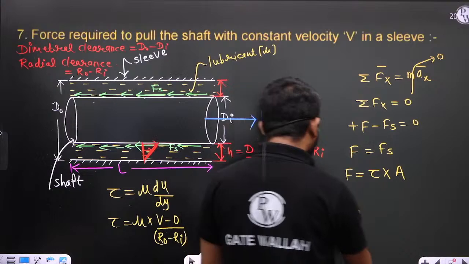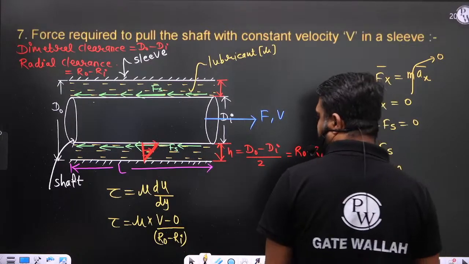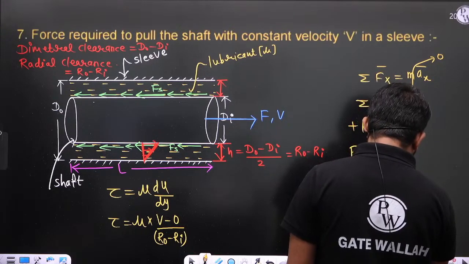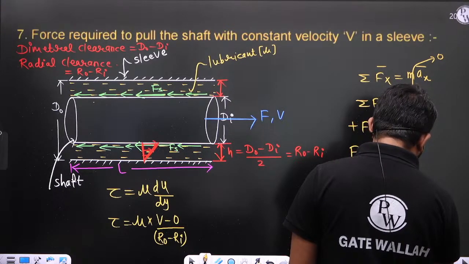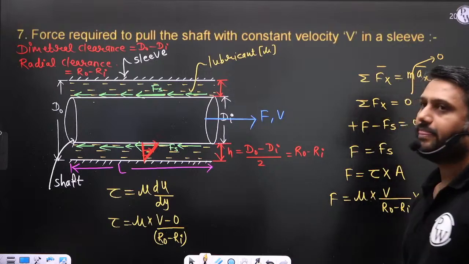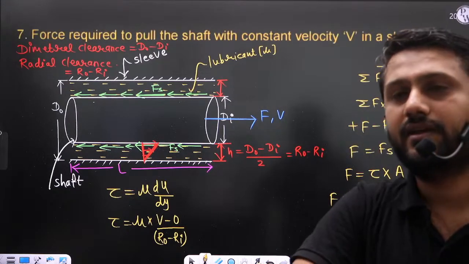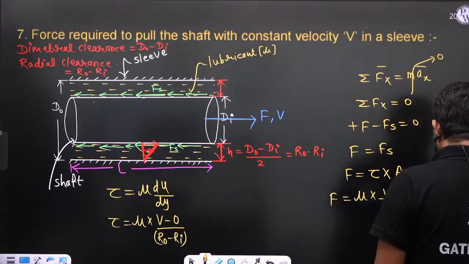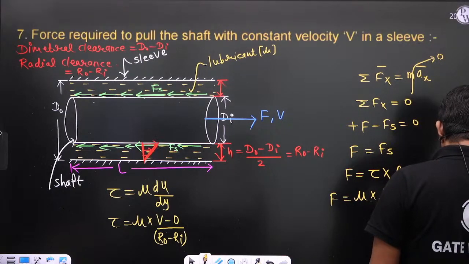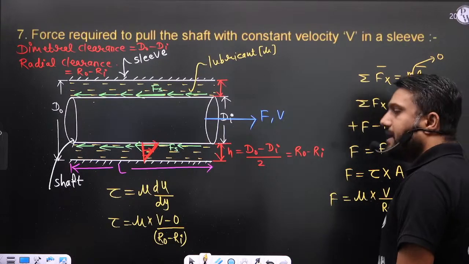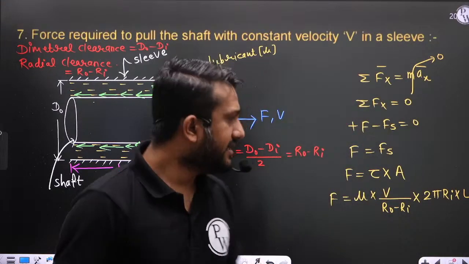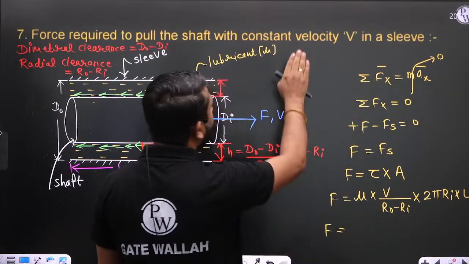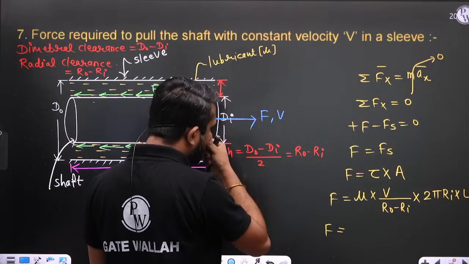So F is equal to mu multiplied by v upon r naught minus ri, multiplied by A. And what is A? Can anyone tell me? It is the area which is in contact with the fluid, and that area is 2 pi Ri into L. So this is the force required to pull the shaft with constant velocity v.